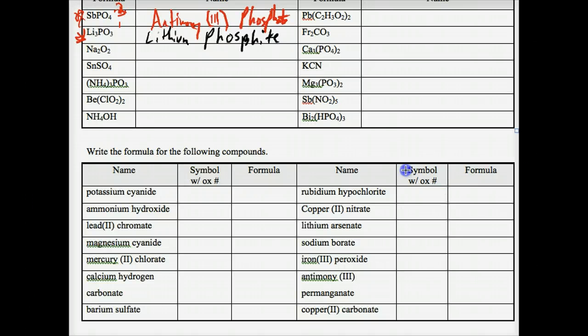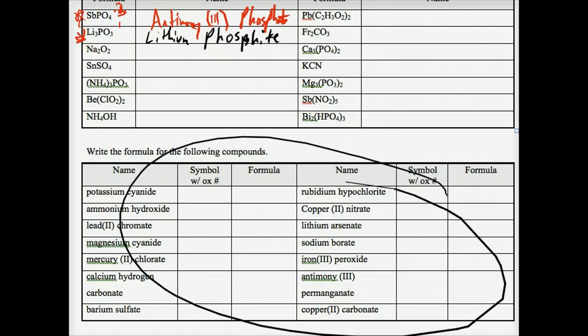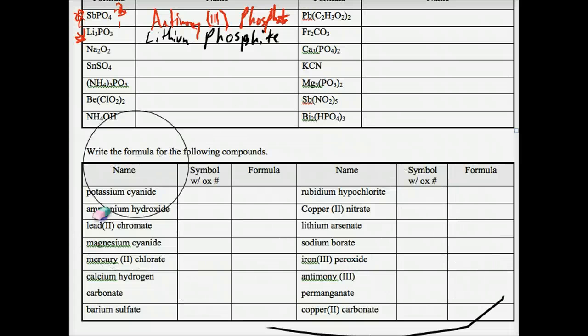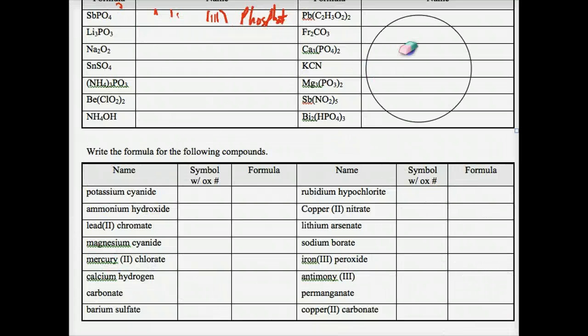Again, the bottom portion here of the actual formula writing is pretty easy, because first of all, we know if we're dealing with the stock method or not, and the stock method in this case actually makes life easier. Okay, so for example, just to pick one, we'll do this one, and we'll do this one.